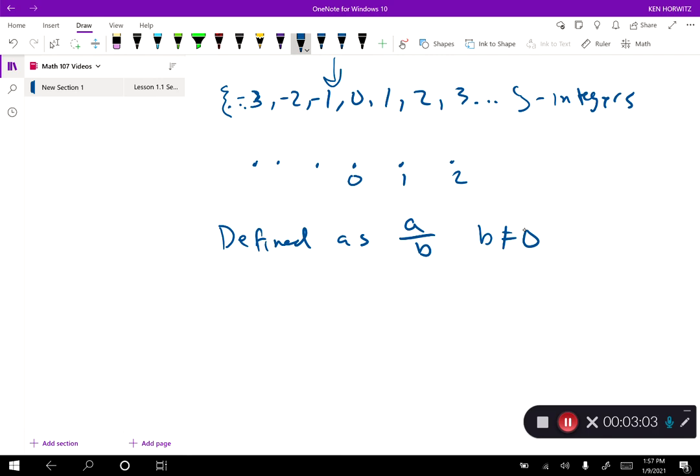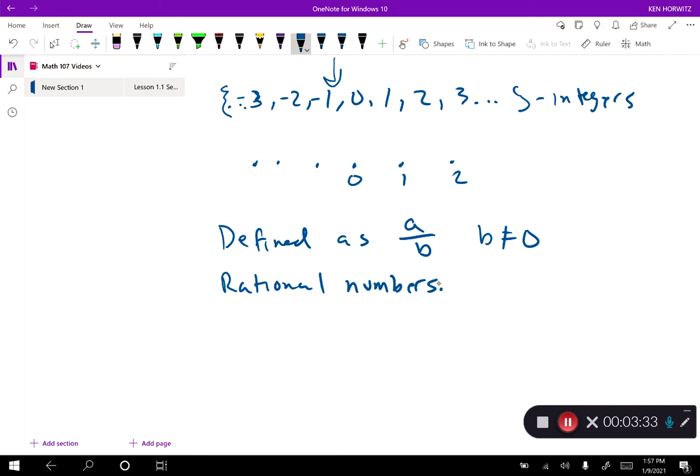Now, the common term is fractions, and that's fine, but the mathematical term for these numbers is the rational numbers. And you can also define the rational numbers as decimals that either repeat or terminate. All right, because all the rational numbers converted to a decimal will either repeat or they will terminate.